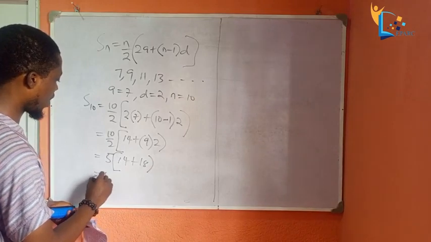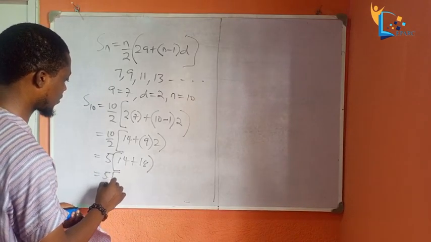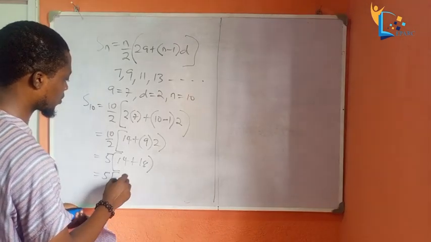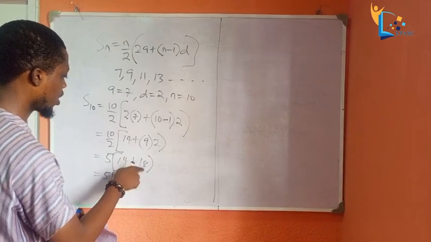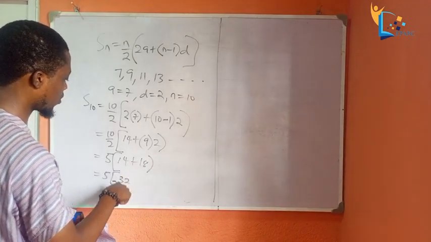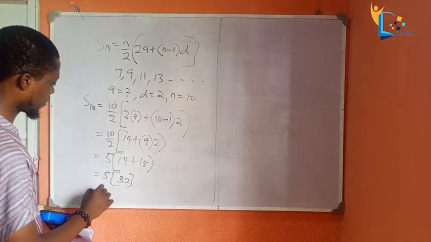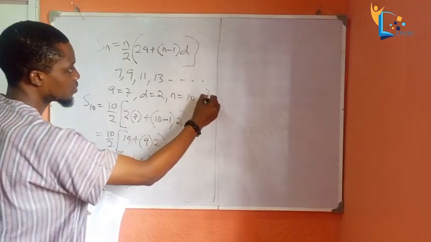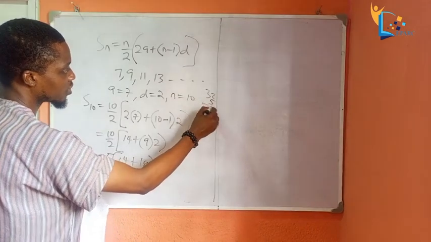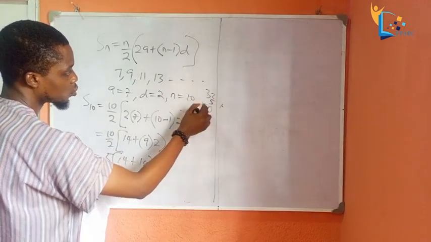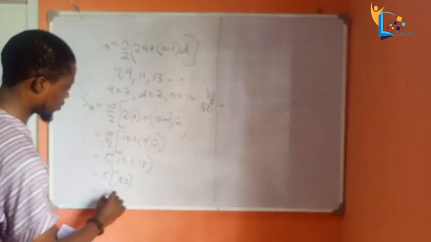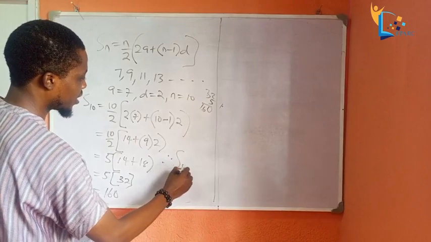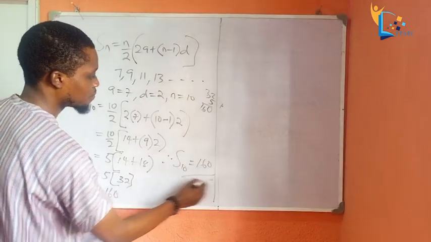All right, so 5, open brackets, 14 plus 18 will give us 32, yeah? 32. So 5 times 32, okay? 2 times 5, 10, 0 carry 1, 3 times 5, 15, plus 1, 16. So 5 times 32 will give us 160. Therefore, S10 is equal to 160.